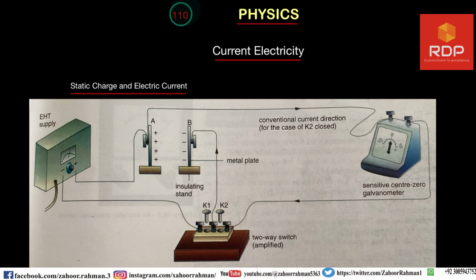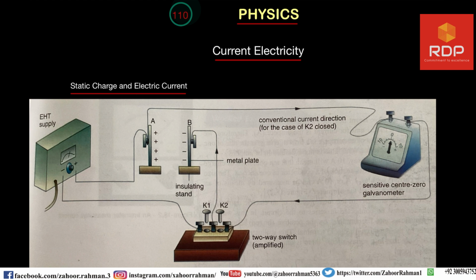When this happens, we say an electrical current is produced. So, in a nutshell, we can say that charges at rest are called electrostatics, and charges in motion are called current electricity. To show that moving charges constitute an electric current, we can set up the following experiment as shown in the figure.